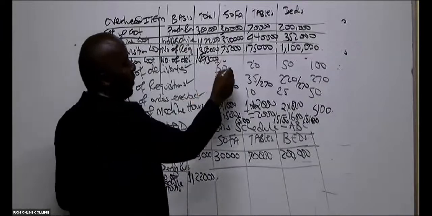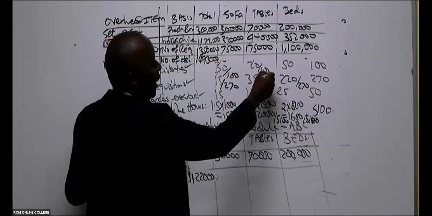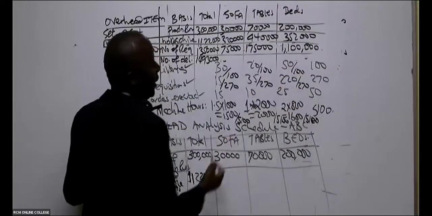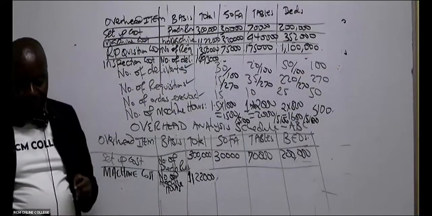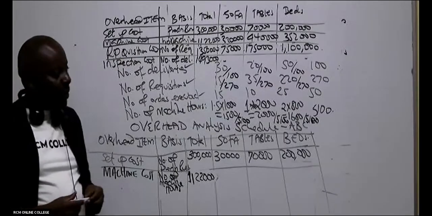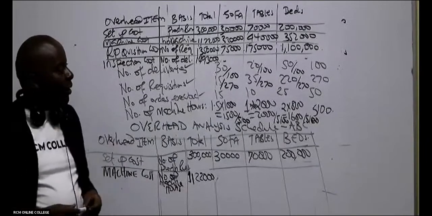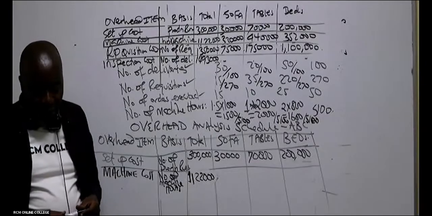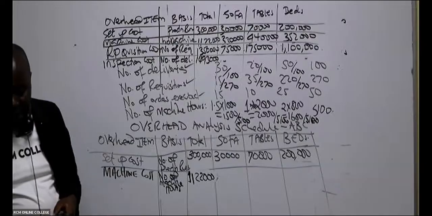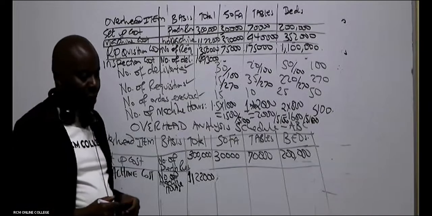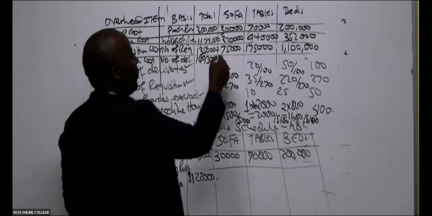Yeah, this will be 30 over 100, 20 over 100, 50 over 100, isn't it? So please apportion using these proportions. 1,493,000 times 30 over 100 is 447,900. Thank you so much.